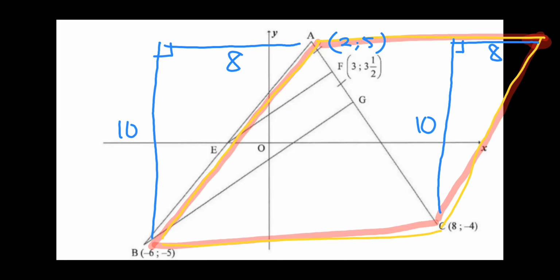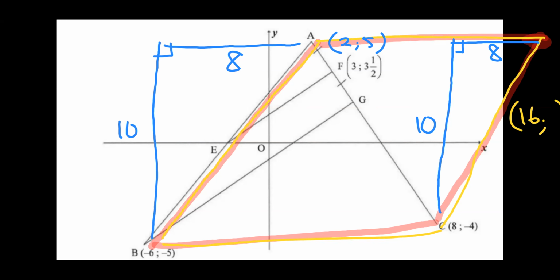What will the coordinates for point D be? The coordinates for point D. So 8 plus 8, that's 16.